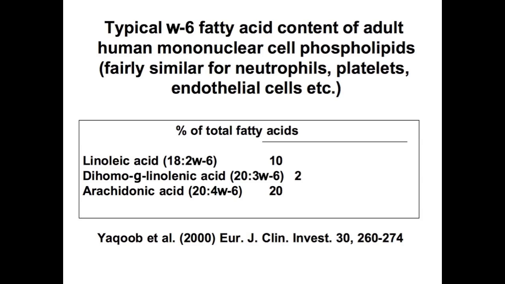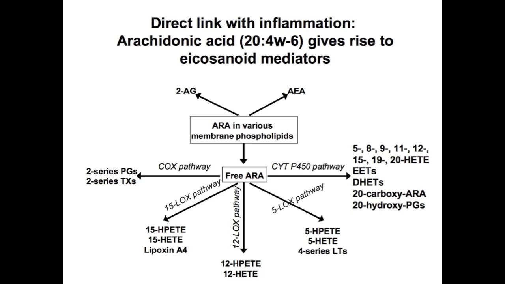There are some other omega-6 fatty acids, linoleic acid, the common vegetable omega-6 fatty acid found in margarines and in most vegetable oils. So altogether we're talking about 30-odd% of these fatty acids. So you've got plenty of this arachidonic acid in your cell membranes, around about 1 in 5 of the fatty acids present.